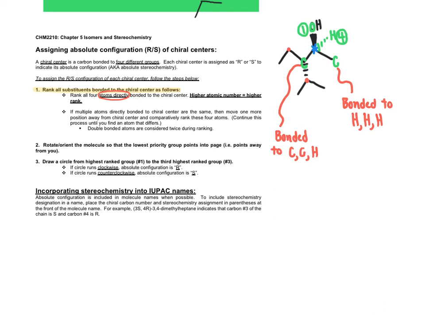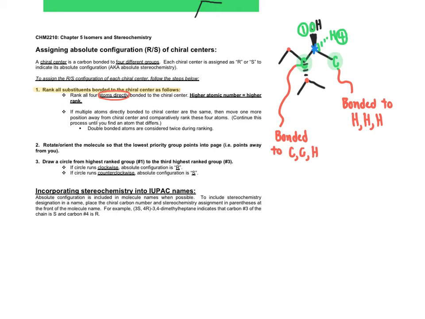So go ahead, and now in order to determine the relative ranking of our carbon atom circled on the right versus the carbon atom highlighted in green on the left, we ask ourselves what's bonded to each of those carbons as we go away from the chiral center.